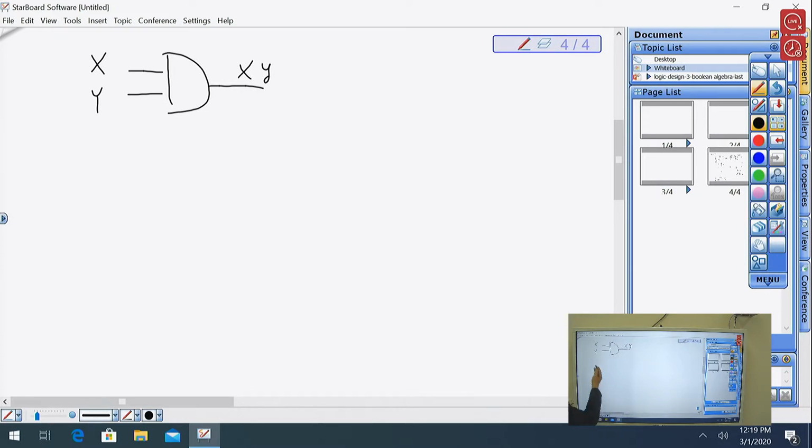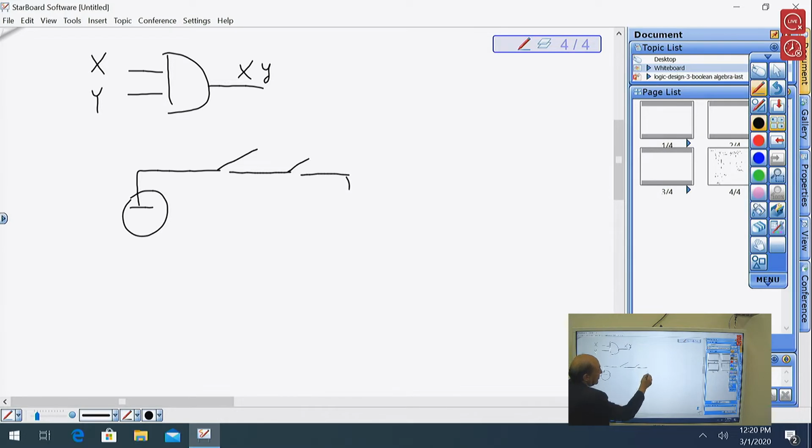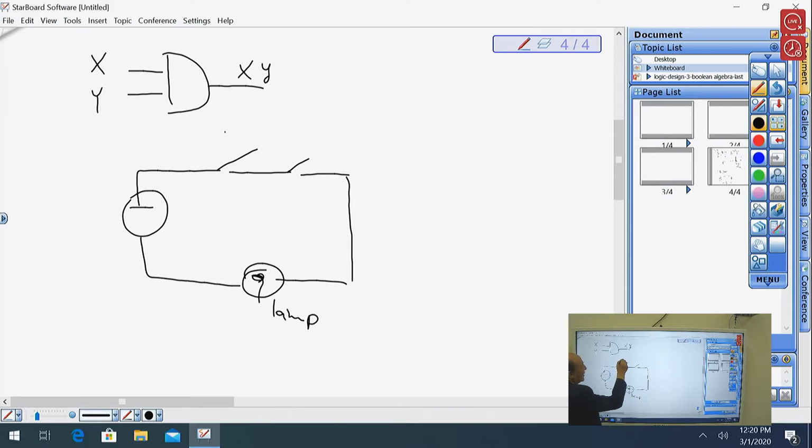To illustrate the function, or how it works, we can use the following electrical circuit with 2 switches connected serially, and suppose we have here a lamp, this switch X, switch Y. As you can see, the lamp will light only if both the switches X and Y are on.